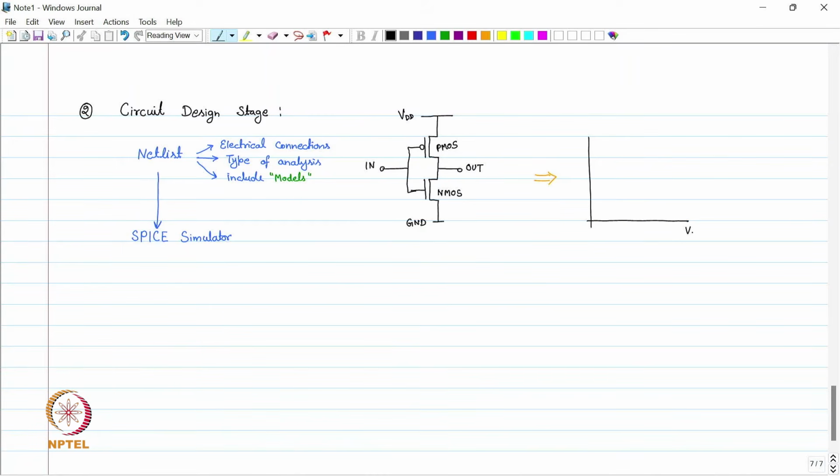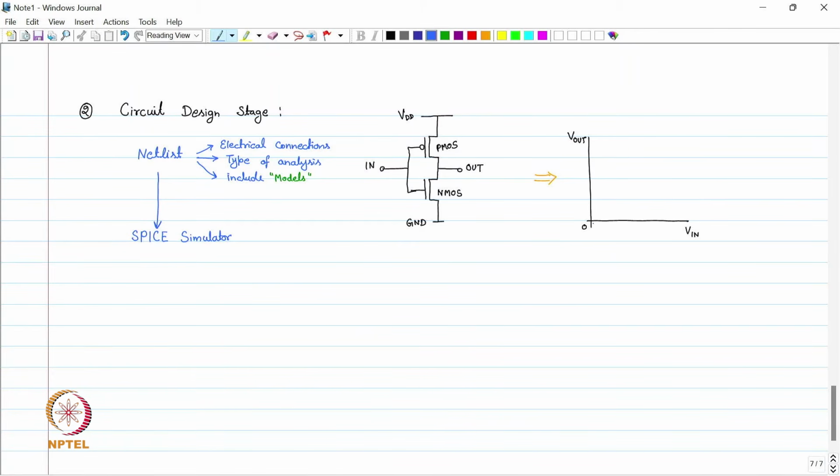This is V in and this is V out, and here we are sweeping V input from 0 to a high value such as VDD, and V output we want to see.